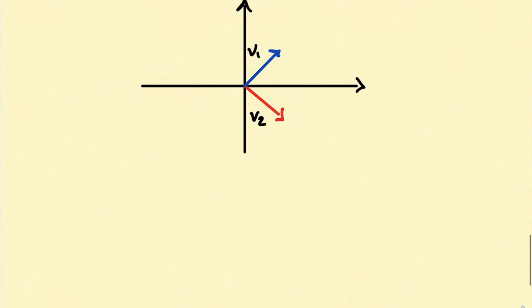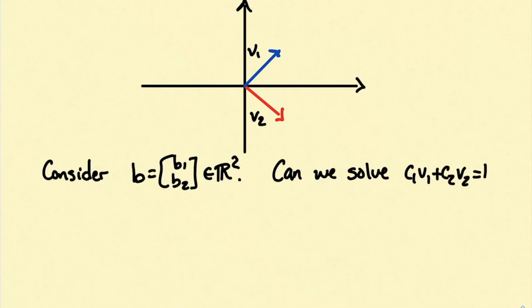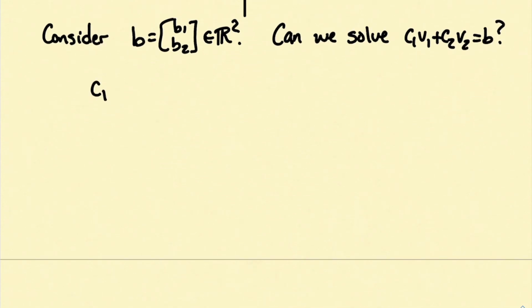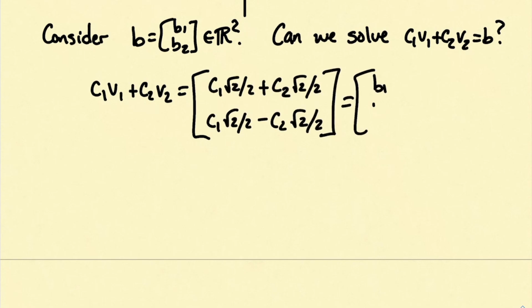To make this more precise, suppose that we have a vector b. Its coordinates are b1 and b2. Whether we can reach this point using a combination of moves along v1 and v2 depends entirely on whether we can find weights so that c1 v1 plus c2 v2 is equal to b. If we write these down as an array of numbers, then we get the following equation.